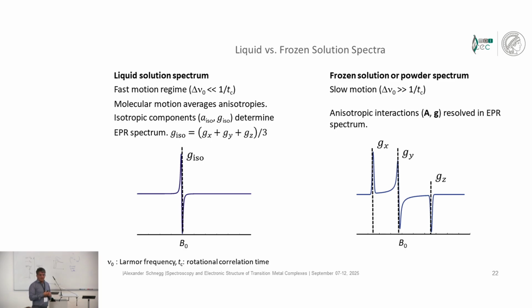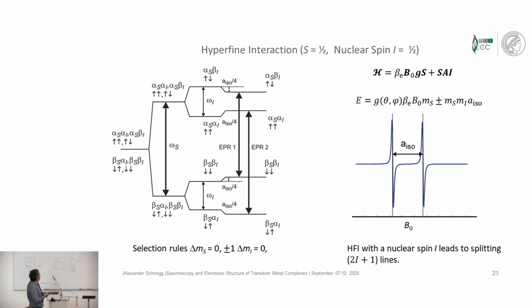This can be very useful because it is oftentimes a very clear signature of a particular radical, and having the isotropic values and the anisotropic values is oftentimes necessary to determine also the signs of the hyperfine coupling.